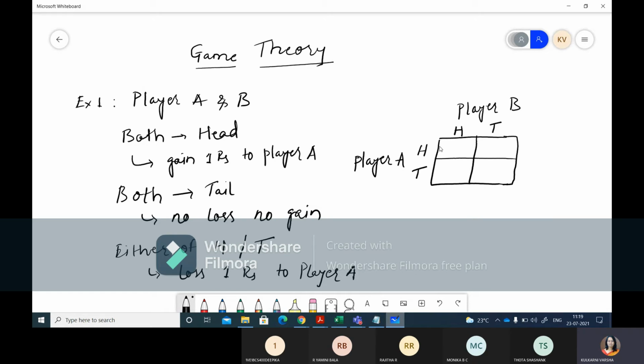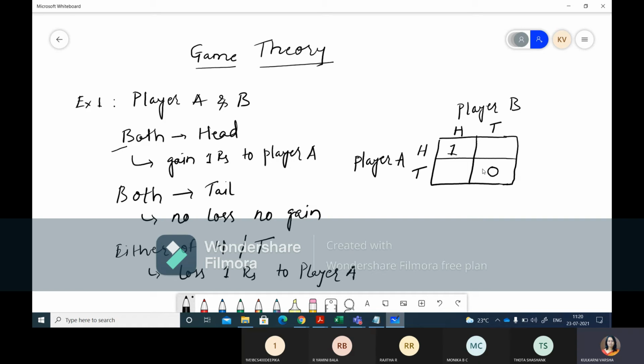Now, as per the rules, when both are heads, there is a gain of 1 rupee to player A. So we'll mention it as 1. When both receive tail, then there is no loss, no win.